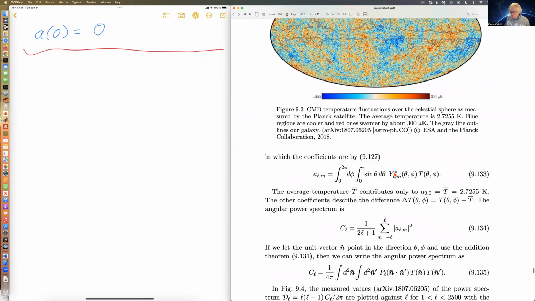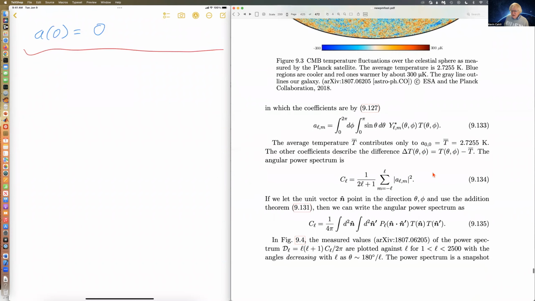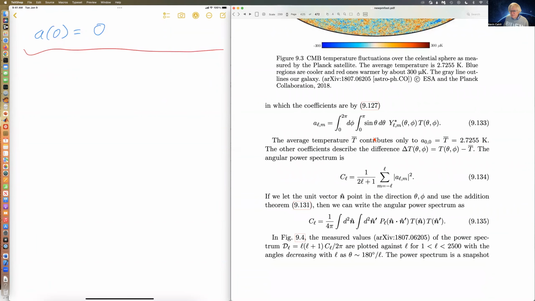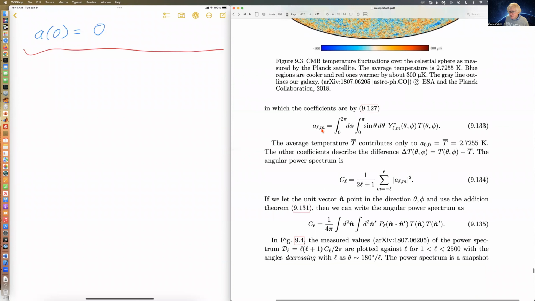You just integrate the complex conjugate of the spherical harmonic times T. And then the average temperature only contributes to A00, and in fact gives you this 2.7255 Kelvin. The other coefficients give you the difference between the local temperature at that angle minus the average temperature.